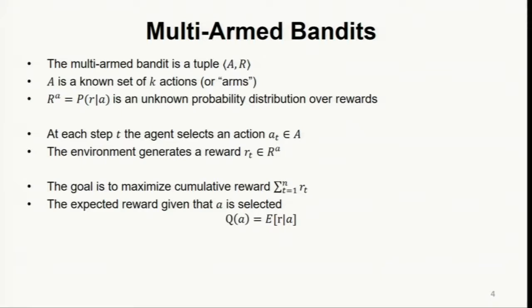So at each step t, the agent selects an action, and the environment generates a reward from this distribution. You choose an action that belongs to the set of arms you have. The goal is to maximize the cumulative reward.